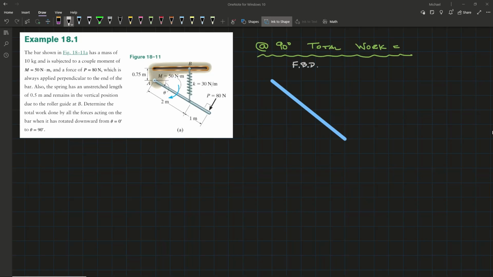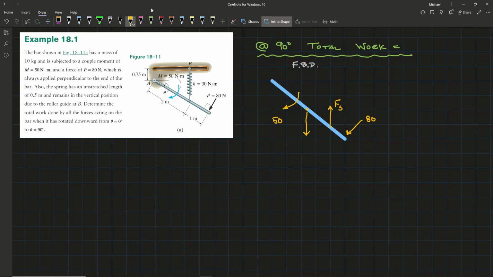So let's draw ourselves a free body diagram here. We have a force of 80 newtons coming in from this direction. We have an applied moment of 50 Newton meters. The spring causes a force in this direction. We have a beam weight here.